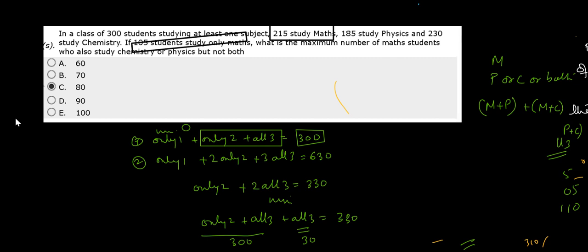You can definitely do it that way, but you will get lost in certain cases, because here the concepts of maxima and minima are not very straightforward. In certain cases, if you group the numbers, like only 1 plus only 2, that becomes maxima when only 2 is maxima and only 1 is minima.